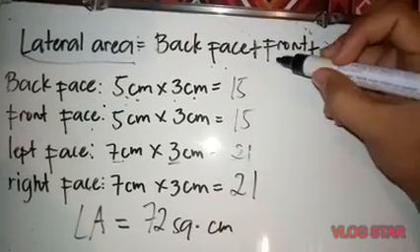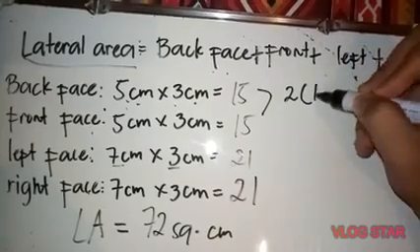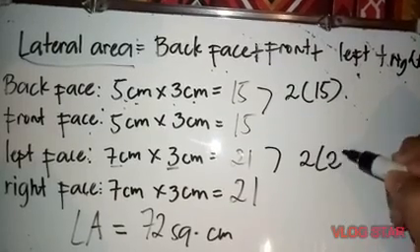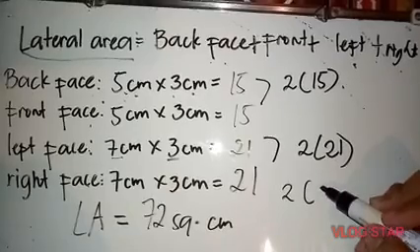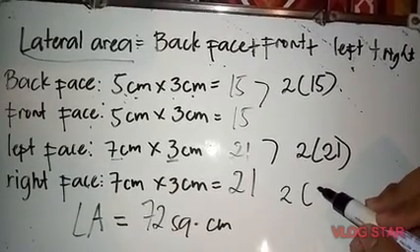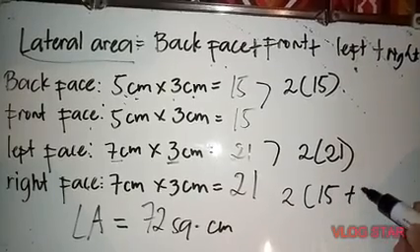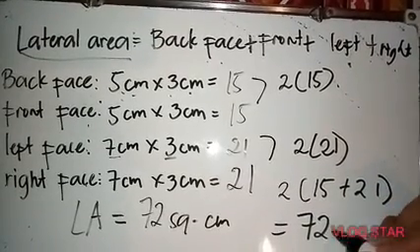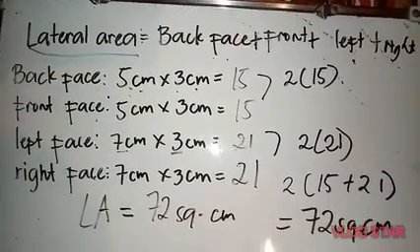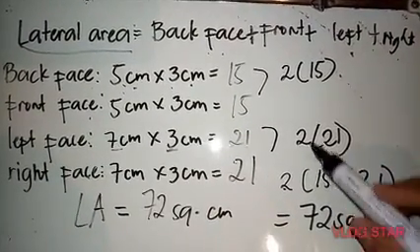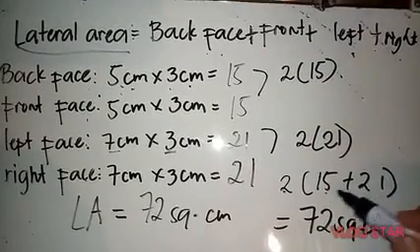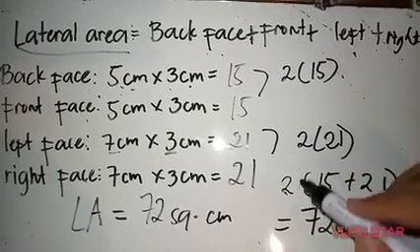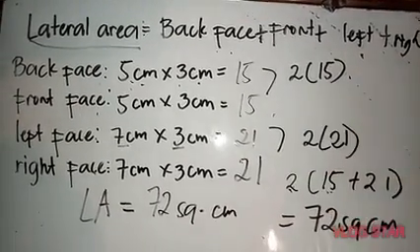Or you can also write it as 2 times 15 plus 21, because 2 times 15 covers the front and back faces, and 2 times 21 covers the left and right faces.